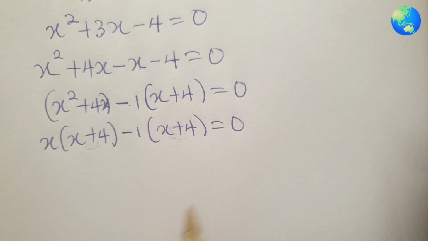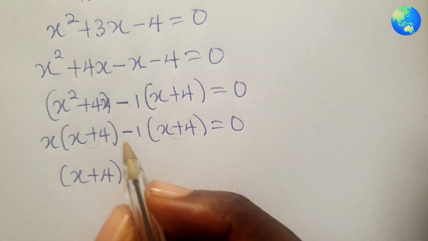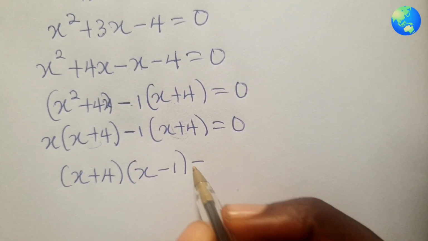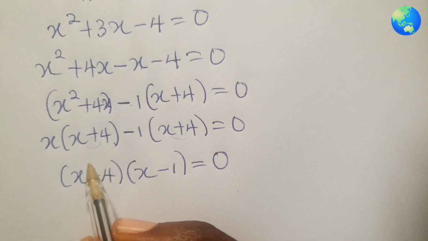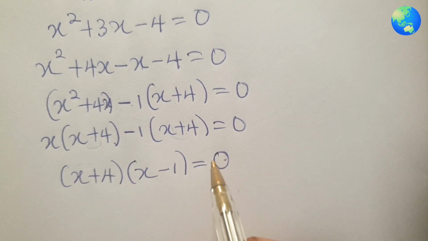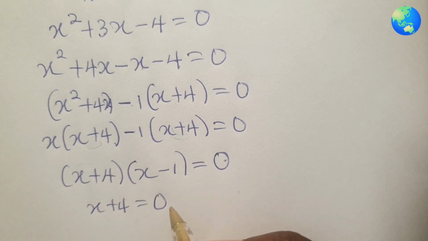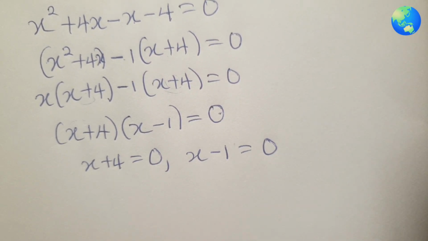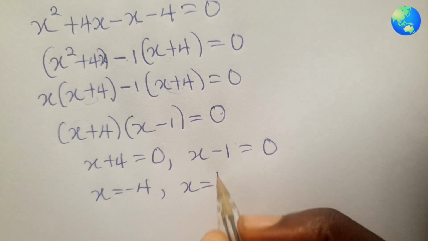It implies we can just pick one, x plus 4, and if I take x plus 4 out, the remaining is x minus 1, equals 0. So it's either this bracket equals 0 or this bracket equals 0. That means x plus 4 equals 0 and x minus 1 equals 0. So x equals minus 4 or x equals 1.